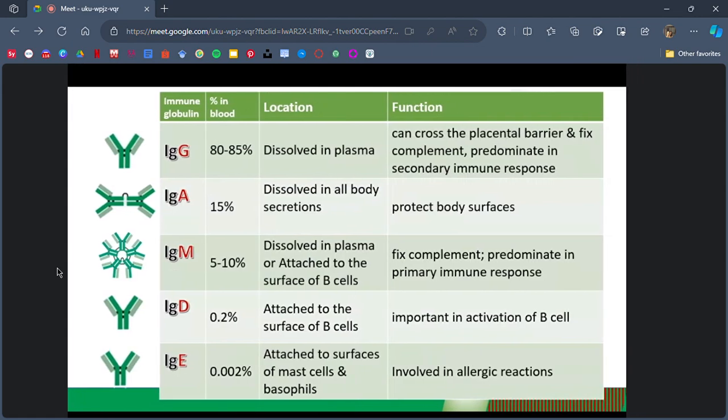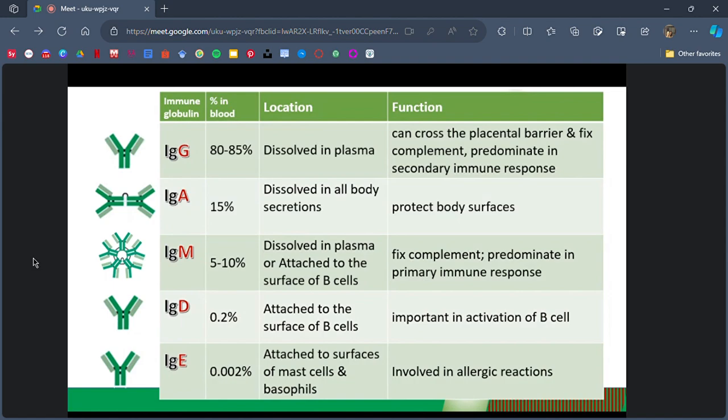This table shows the five major classes of antibodies based on their constant region and immune function. They are arranged in this slide from most numerous to least numerous. So just remember the acronym GAMPE to remember which is which in terms of plasma percentage.